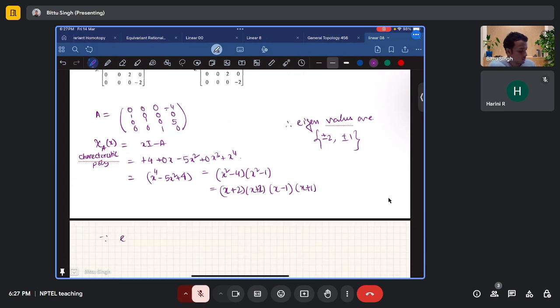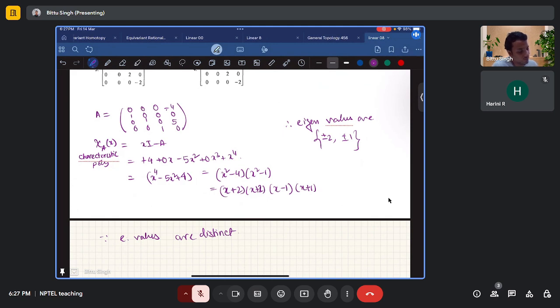Since eigenvalues are distinct, therefore geometric multiplicity and algebraic multiplicity both are 1 in this case, right? And we know that eigenvectors corresponding to distinct eigenvalues are linearly independent.